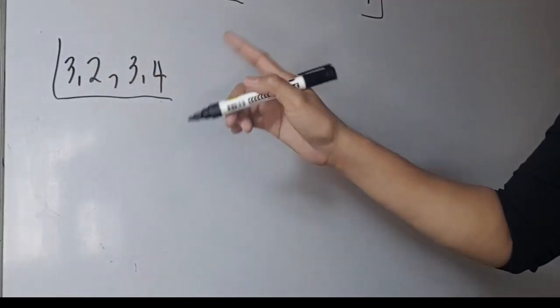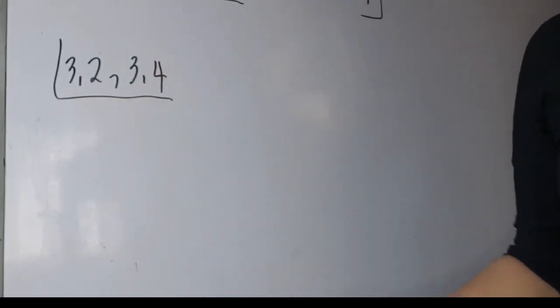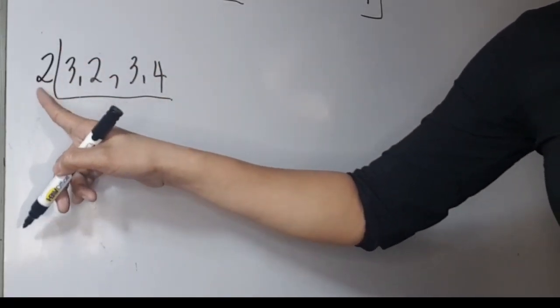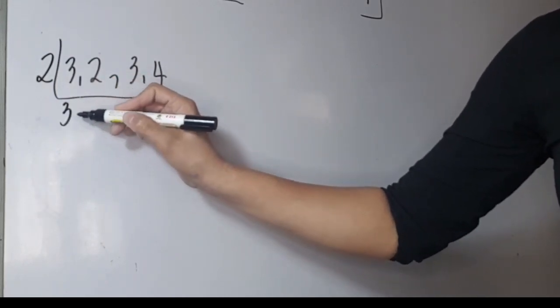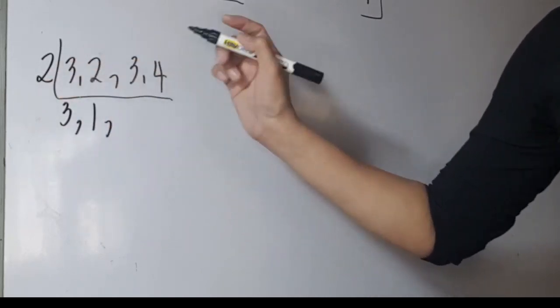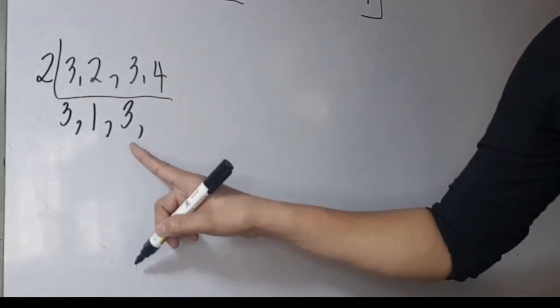Let us do the prime factorization in order to get the LCD. If we divide by 2, 3 divided by 2 is not divisible, so you just bring down 3. 2 divided by 2 is 1. 3 divided by 2 is again not divisible, so just bring it down.